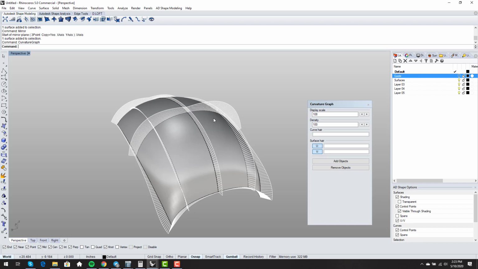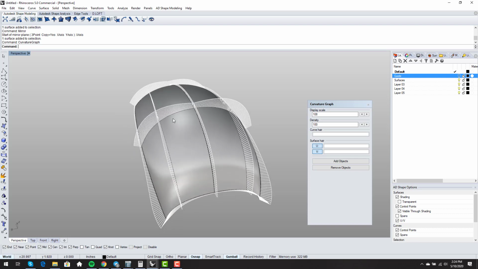And when you have a pair of surfaces that are mirrored, simply by being tangent continuous, they are by definition curvature continuous, because the rate of change of this surface here is identical to the rate of change of this surface here, because they are mirror images of themselves.